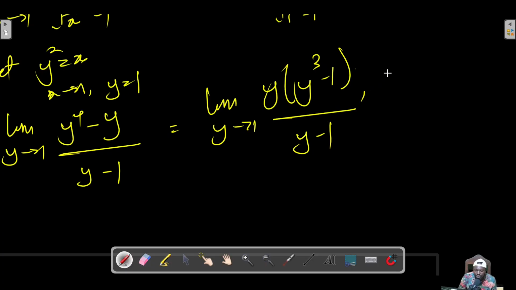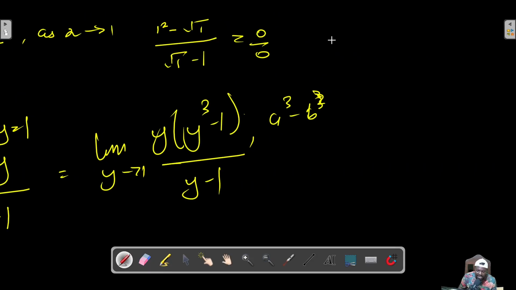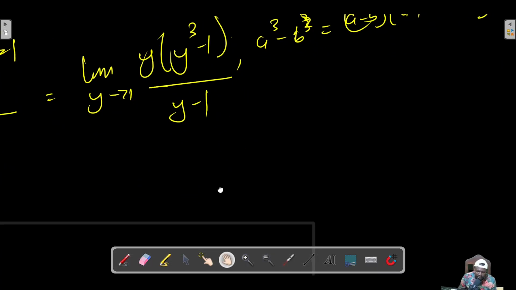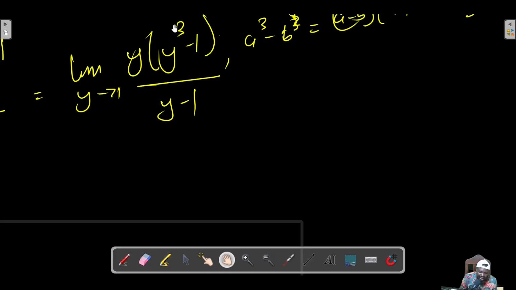I already know that if you have a cubed minus b cubed, it can be written as, if you remember, I said this, and even from high school algebra, it can be written as a minus b, parenthesis, a squared plus ab plus b squared. Then from here, I will apply the same thing to this one.